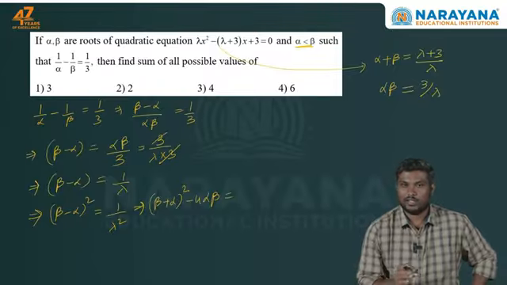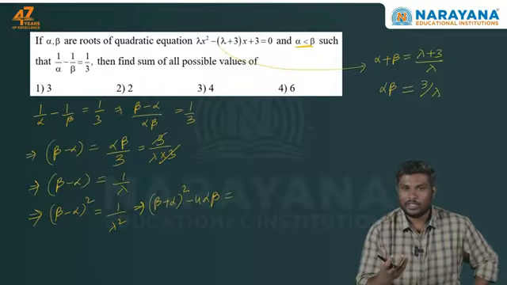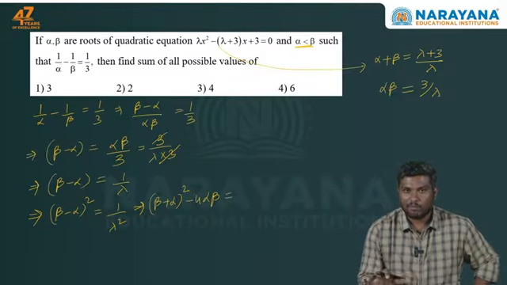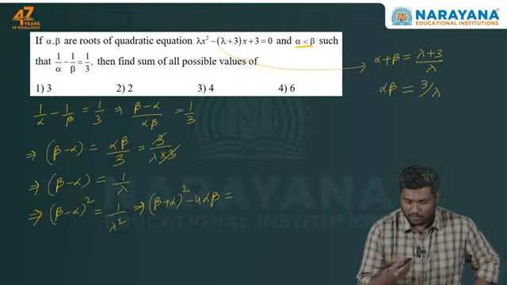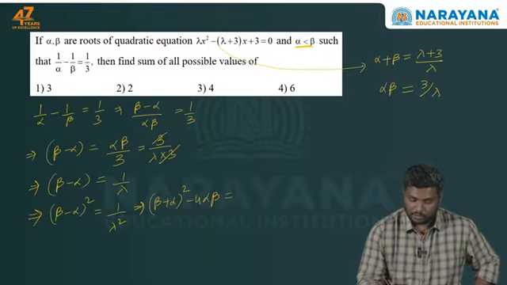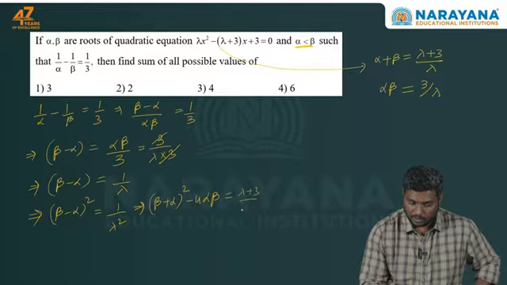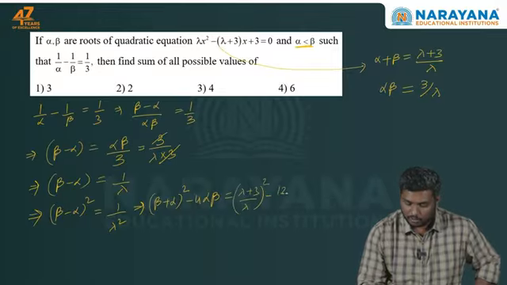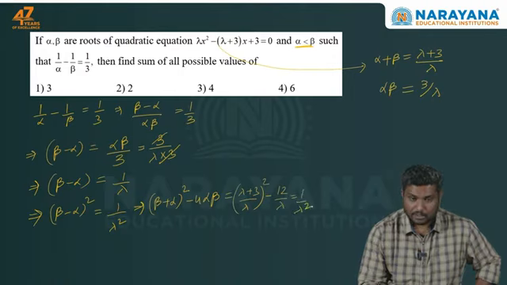Again, mains questions are set on the same foundation. If you are able to recall it, you will definitely get the answer. Beta plus alpha whole square is lambda plus 3 by lambda whole square minus 4 alpha beta is 12 by lambda. Now this is equal to 1 by lambda square.